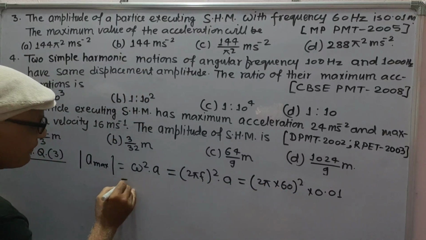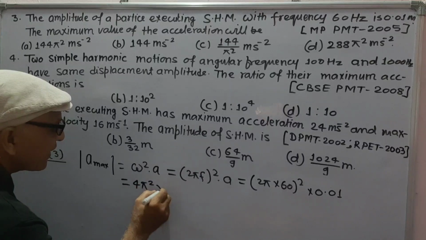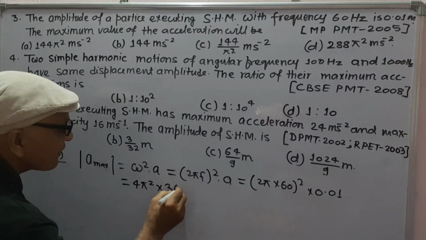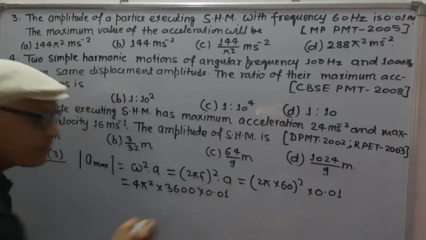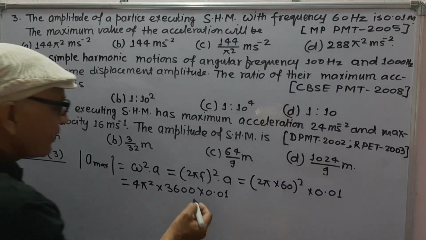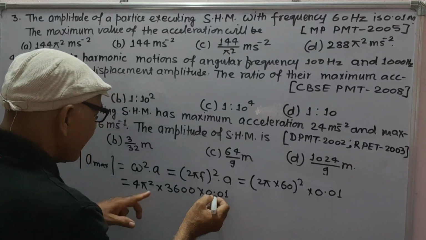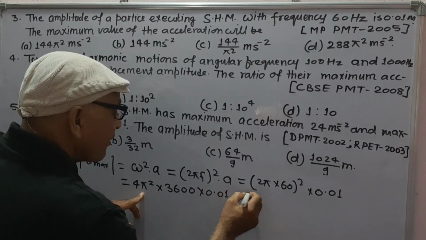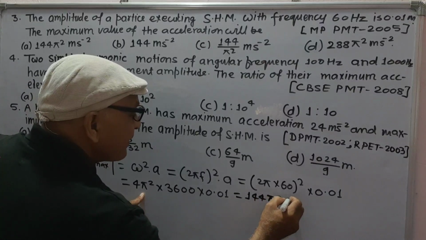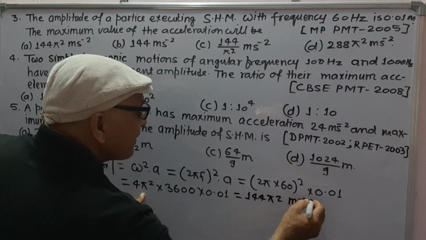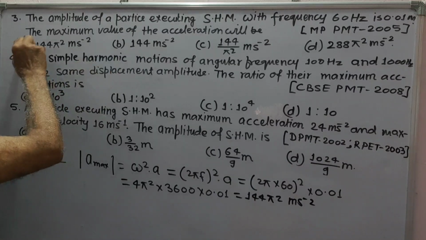So we get 4 pi square into 3600 into 0.01. 0 cancels by this and we get 144 pi square meter per second square. So the correct option is A.